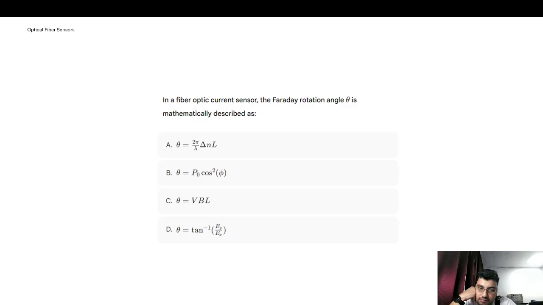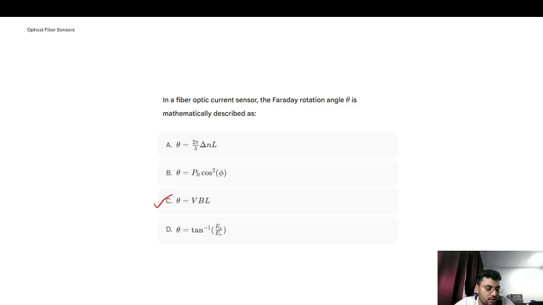Any idea? Option C. Yes, you are correct. We have already discussed this one. Theta is equal to VBL.